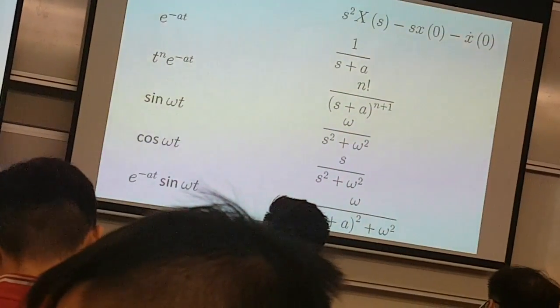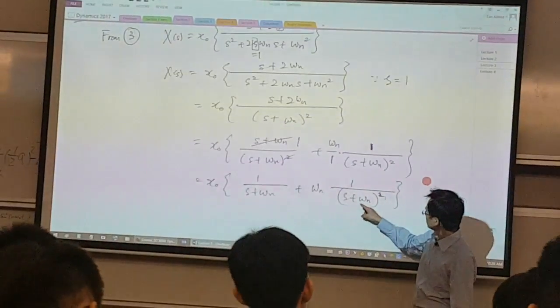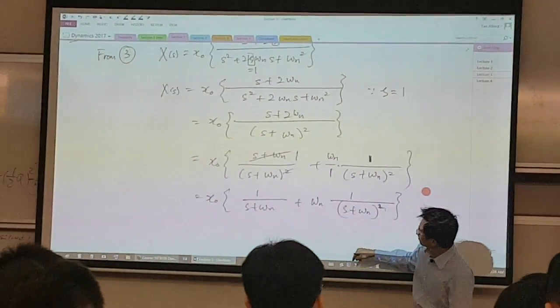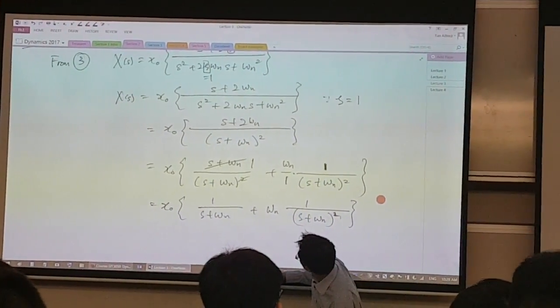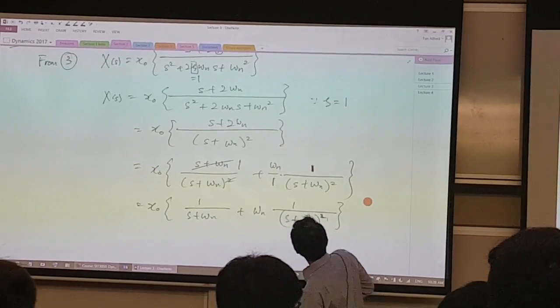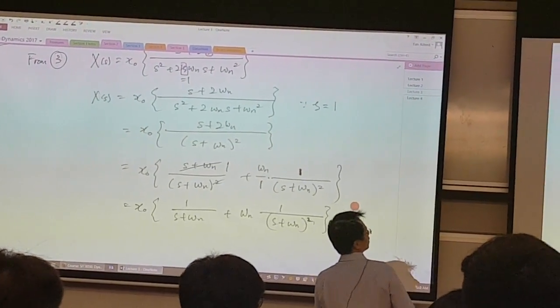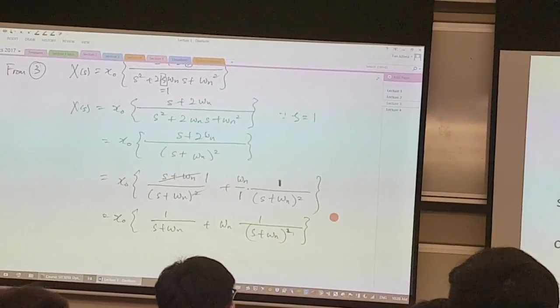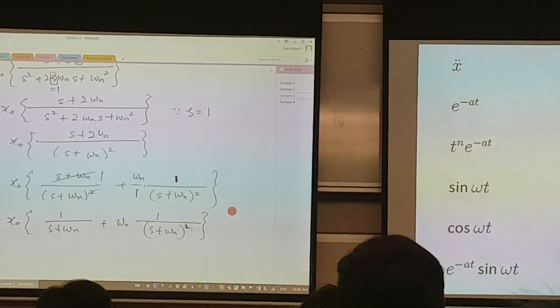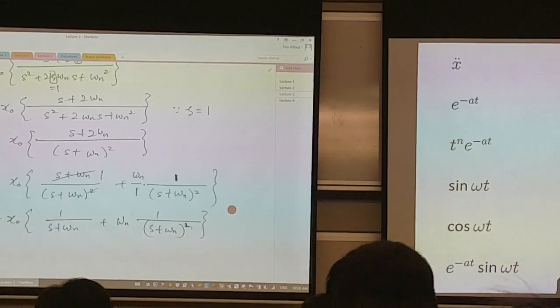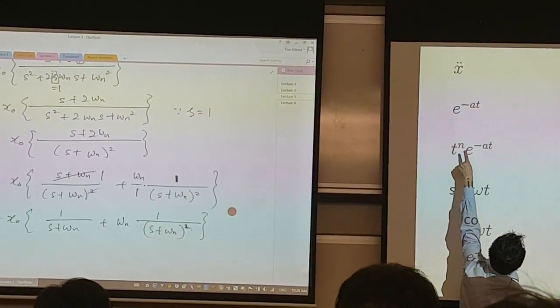The second one, I'm talking about the second one. First one, have one at the top. So 1 over s plus omega n. So if I do an inverse Laplace, I get that.